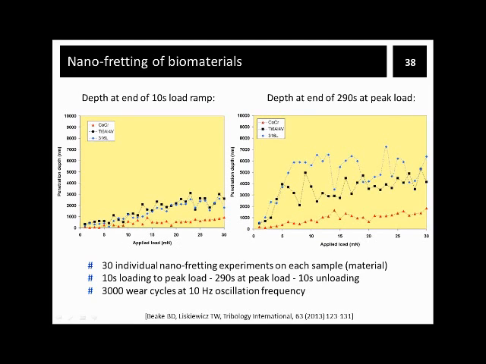In both cases, cobalt chrome alloy shows the highest resistance to fretting wear. At the same time, it is quite difficult to distinguish between wear behavior of titanium alloy and stainless steel. However, stainless steel seems to perform slightly better at the end of the peak load.